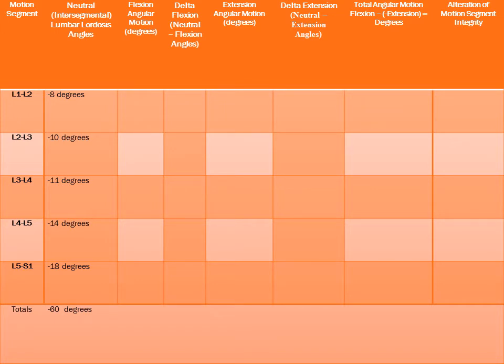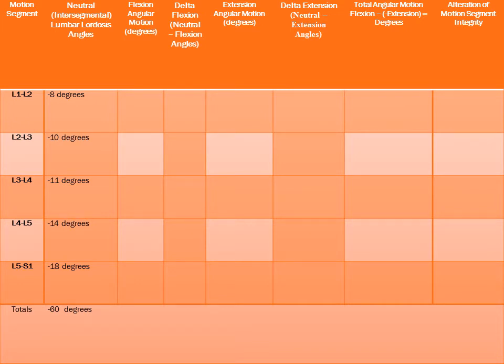So, for example, if we take all the intersegmental angles, which I said were -8, -10, -11, -14, and -18, if we add those all up, those should equal the global lumbar lordosis angle, which is -60 degrees, and in this case it does. So we now have established our baseline values, and we can use those baseline values to analyze the motion of the vertebrae as the vertebrae goes through both flexion and extension.